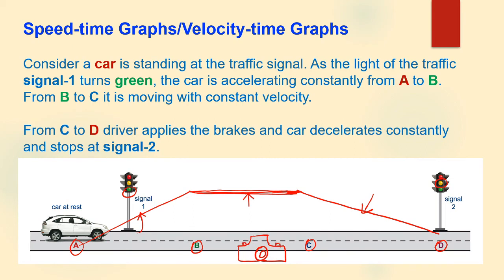He sees there's a camera, so he's going to go with the constant speed. Constant speed means the acceleration is 0 in that case.